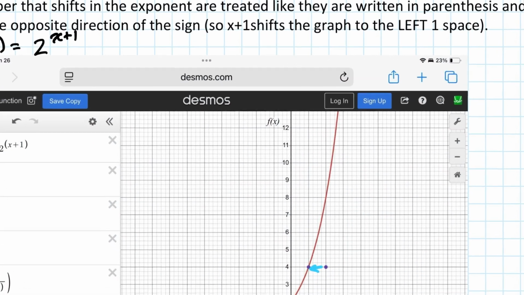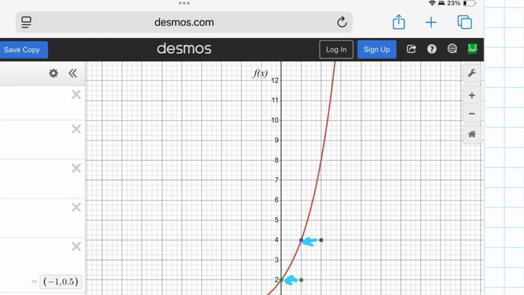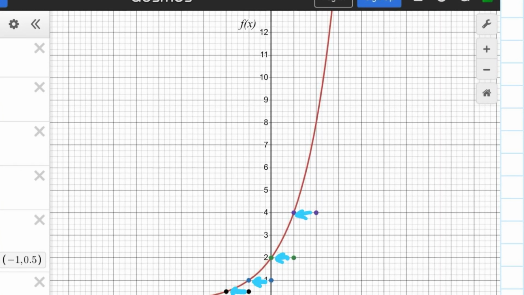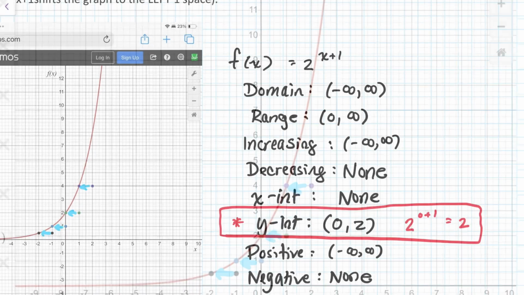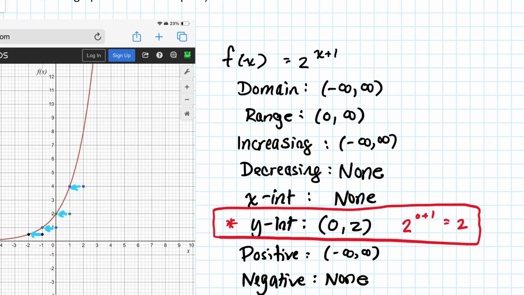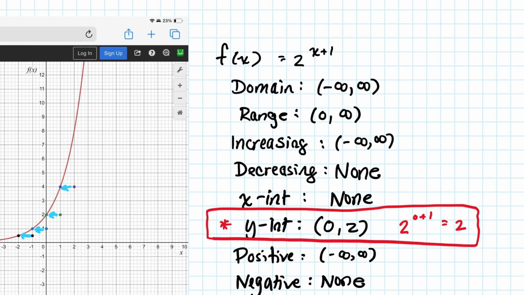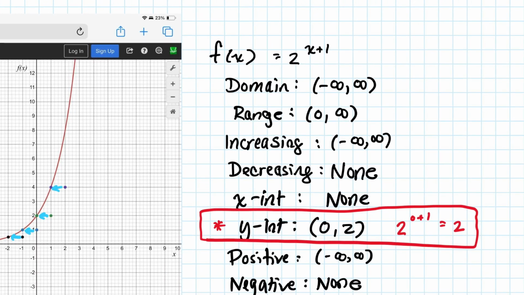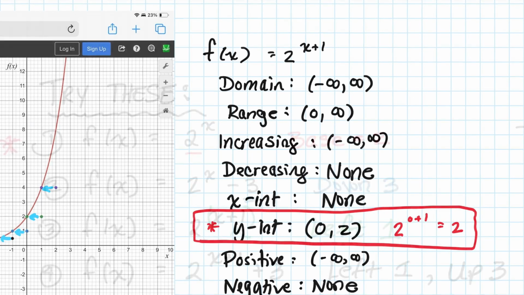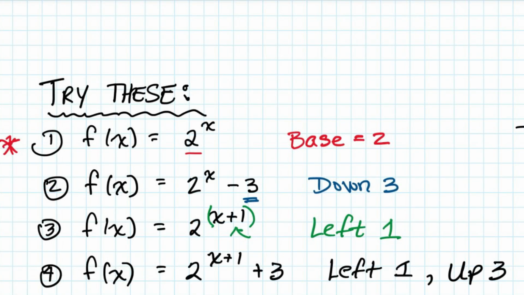Okay, here's number 3. We just shifted everything left one space. And then when we adjust the characteristics, notice that the y-intercept changes, but everything else stayed the same as our parent graph. Okay, so let's go do our last problem, number 4.